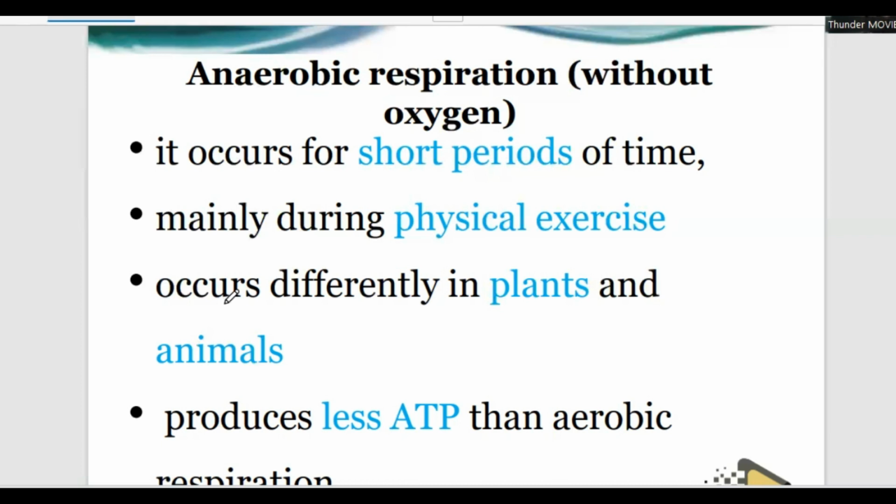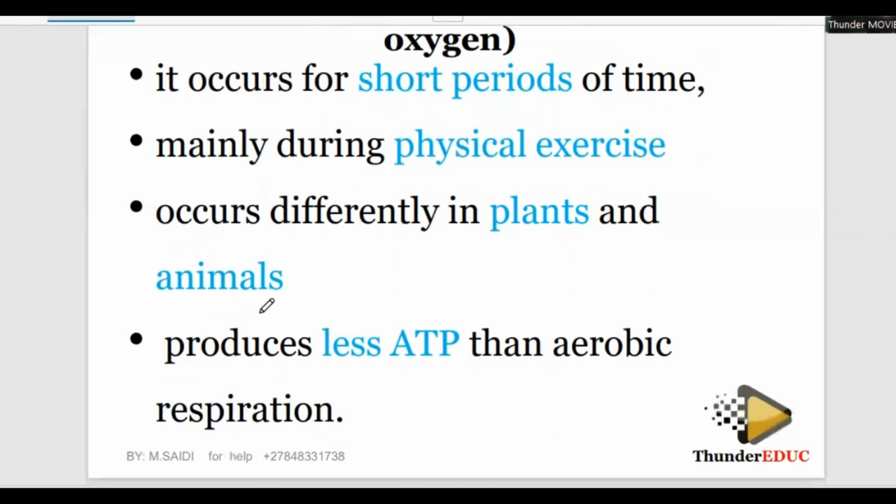I can say that anaerobic respiration in animals is a necessary evil. Necessary because we get ATP. It is evil because it wastes glucose, yet glucose is needed to produce large amounts of ATP.